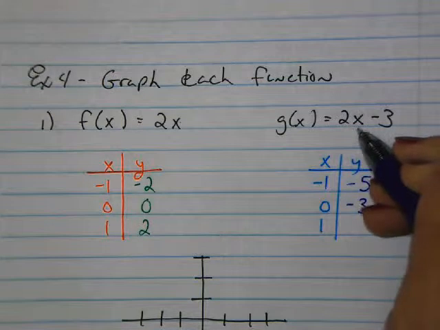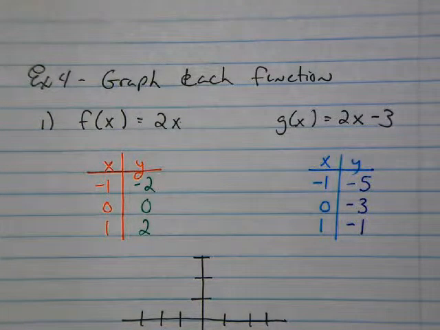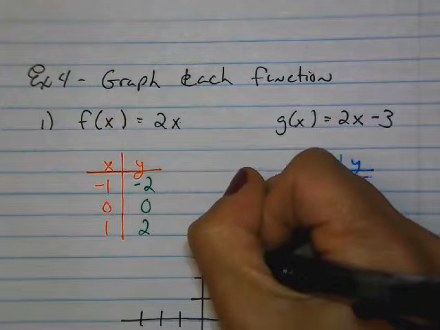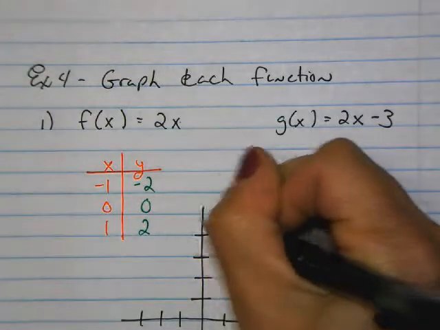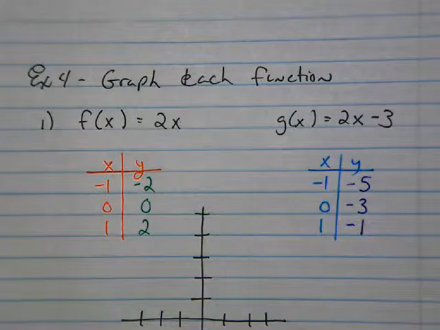Oh, I guess I need to extend my graph up a little bit. Alright, so let's do -1, -2, 0, 0, 1, 2. So here's f of x.